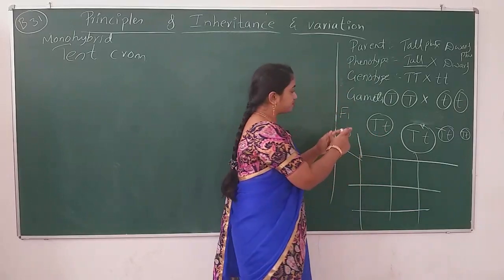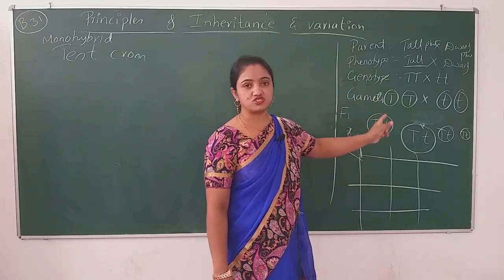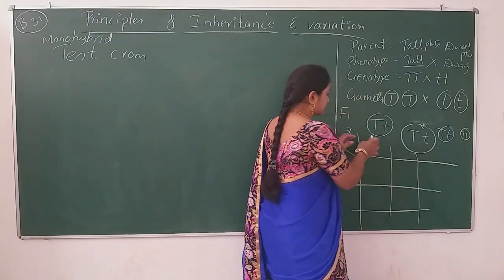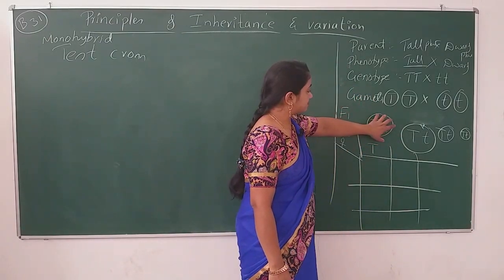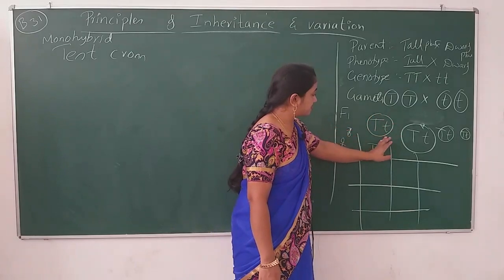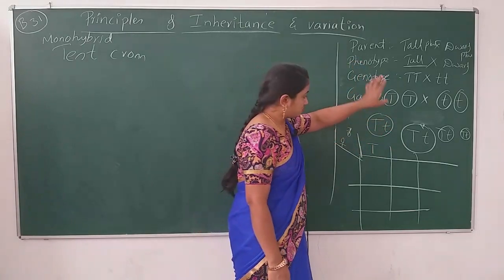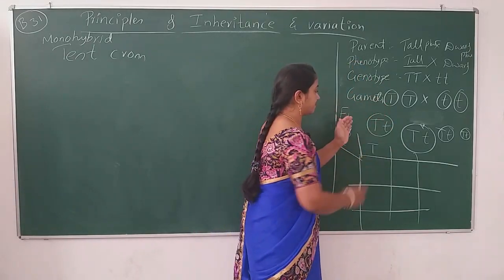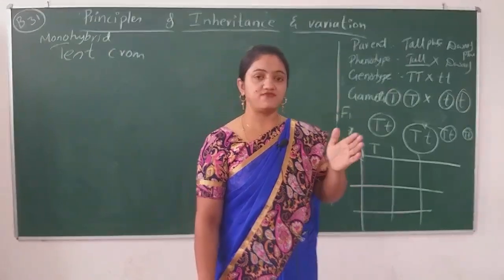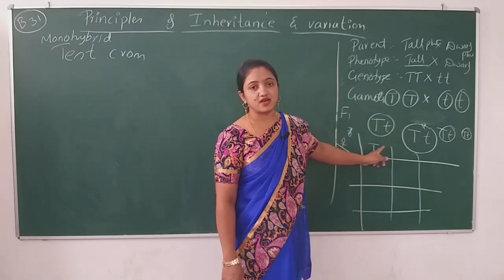Capital T, when the genes split into gametes, each gamete carries one of the pair of genes, 50% of the gametes getting one gene and 50% the other. How will it split? How are the gametes produced?